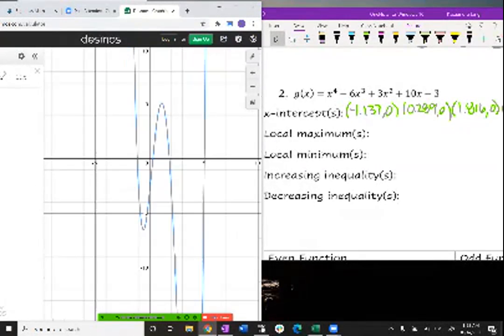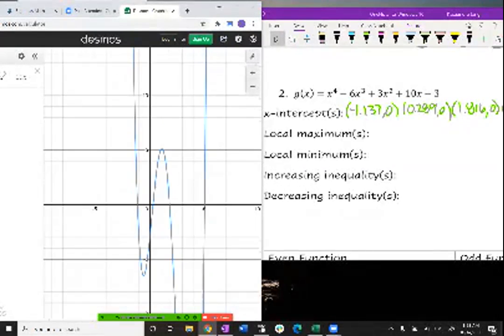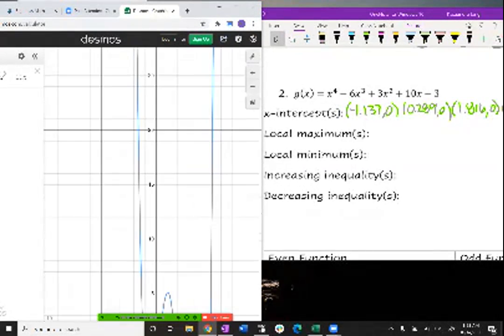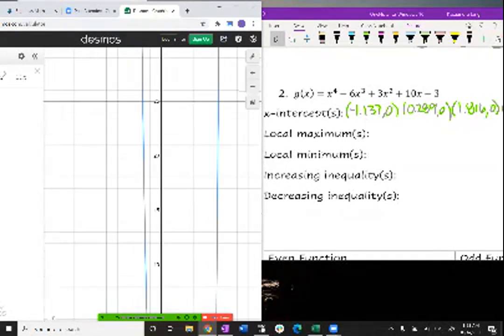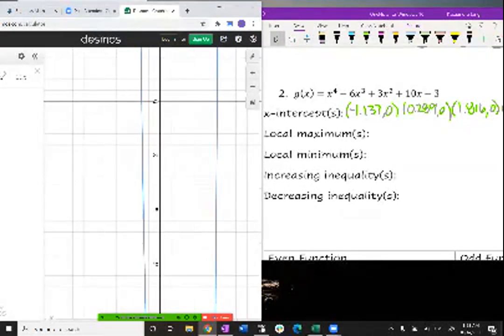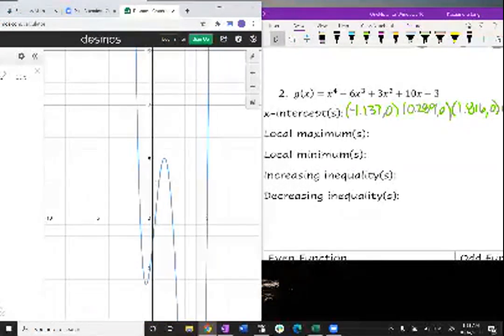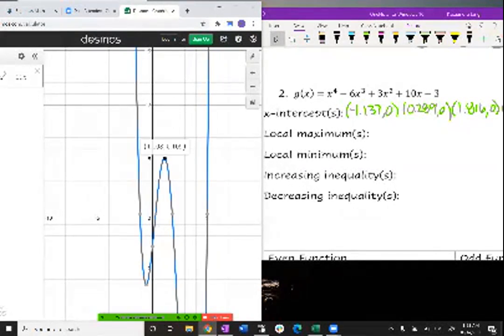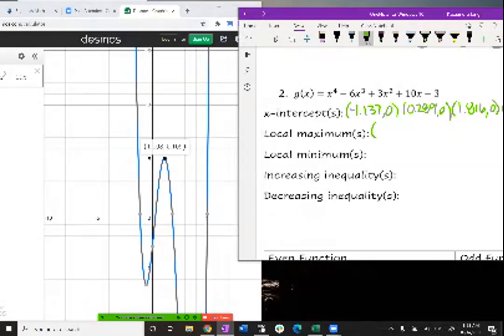There's another minimum down there. If I'm just looking for the local max though, I think there's this one right here. And then as I go up higher and higher, am I gonna find another maximum? No, it's going to go up to infinity. It's not going to turn back around. You can't see any of the lines coming down, right? So this is my only maximum, as messy as it is.